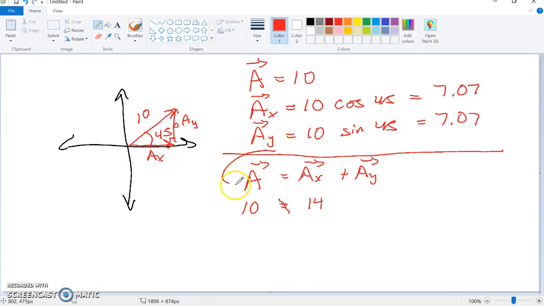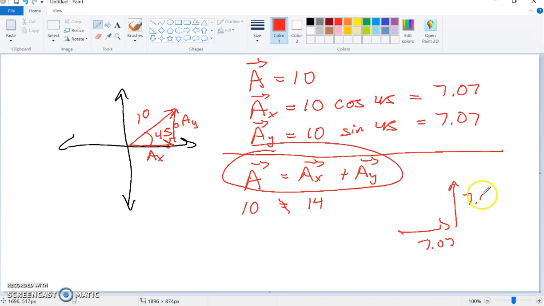So when you write stuff like this, the equation is not like a normal equation, it's a vector equation. It's basically saying if you were to add two vectors with an x of 7.07 and a y of 7.07, what you're going to get is a new vector worth 10.